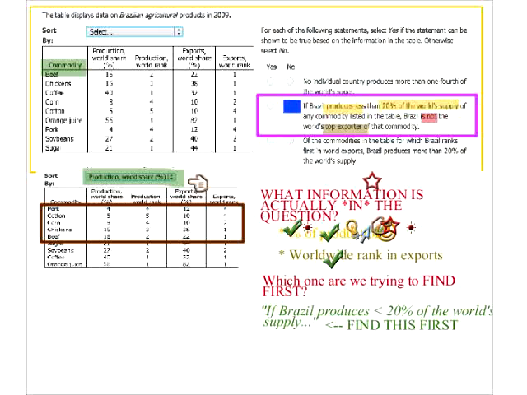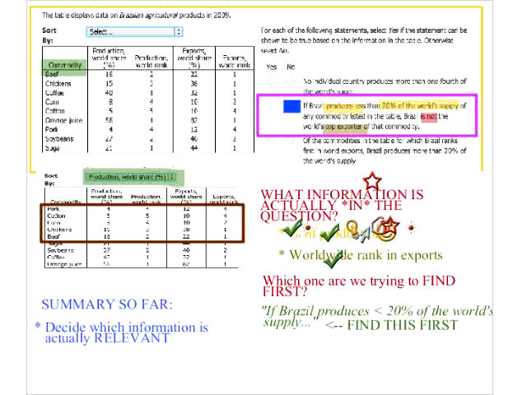Okay, so here's what we have so far. We're going to look at one more question in a second. What we have is you need to decide which information is actually relevant. And then once you make that decision, if you have an if-then statement or a statement about a part of a sample, then decide which restriction you need to find first.